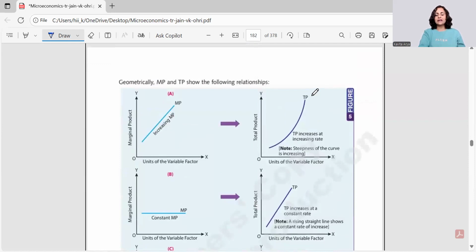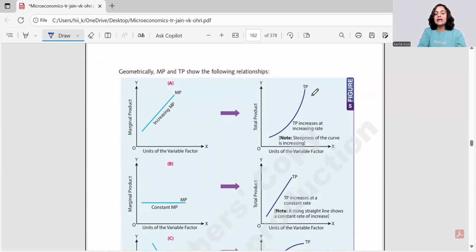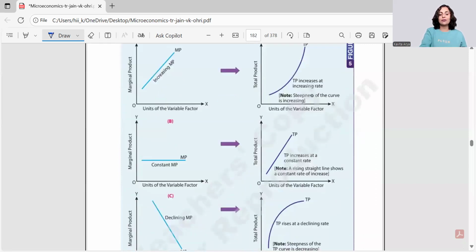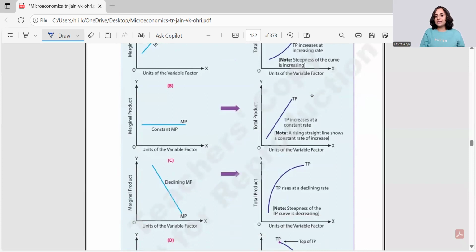And this is a basic understanding. If the child gets to know about this, the person is less baffled by the diagrams. Like increasing MP, when does it happen? When increasing MP is there, TP rises fast. But when constant MP is there, TP is constant. And when falling MP is there, falling MP happens in the second stage, so the TP rises at a declining rate.